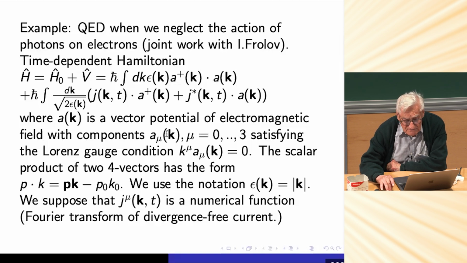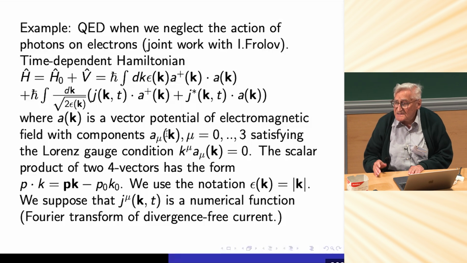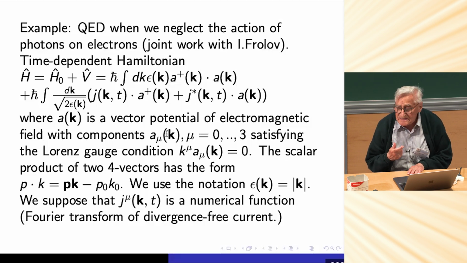And then I have a Hamiltonian of this system, which is a sum of three terms: Hamiltonians of electrons, of photons, and interaction. For the interaction I consider this current.